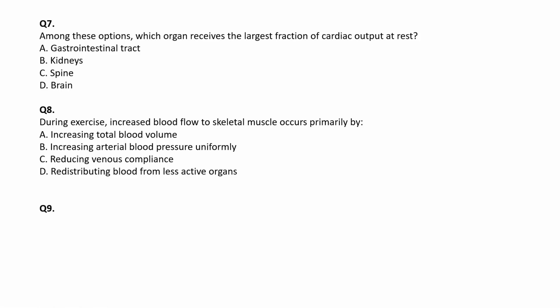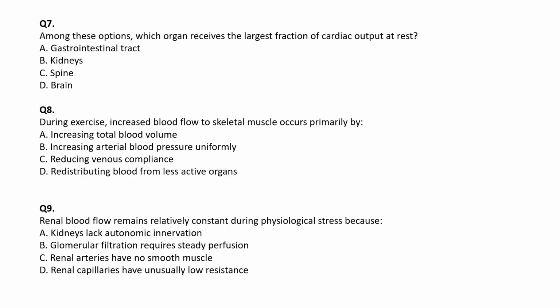Cool. Next question. The renal blood flow remains relatively constant during physiological stress because of which of these options? So you have all of these environmental factors and different kinds of changes. Maybe if you're running, would your renal blood flow change? Would the pressure and the output in the kidneys change, or would it stay the same?